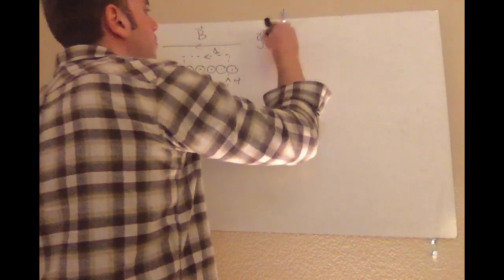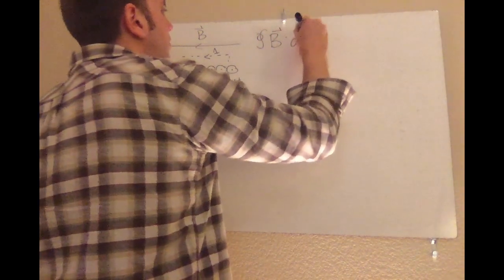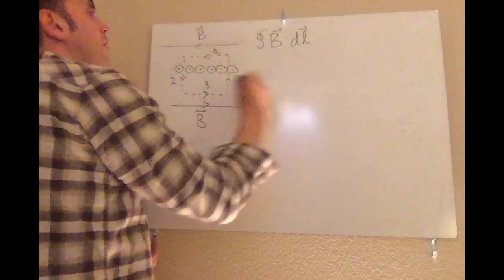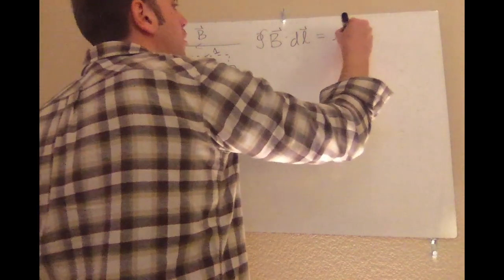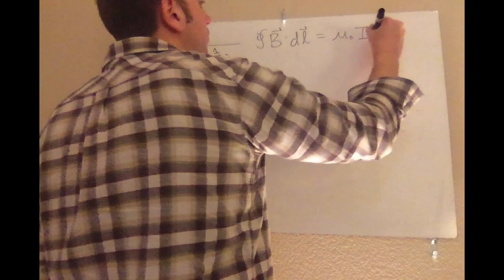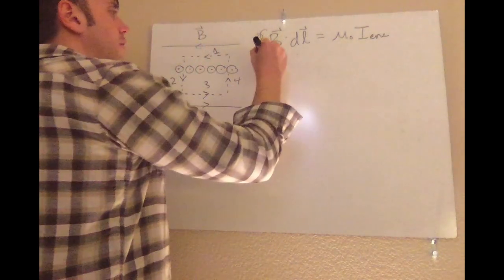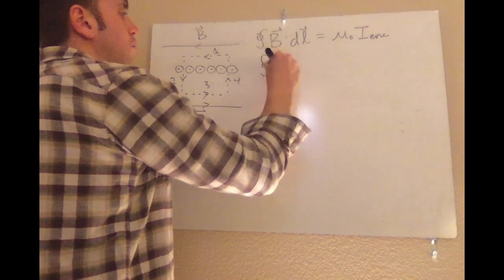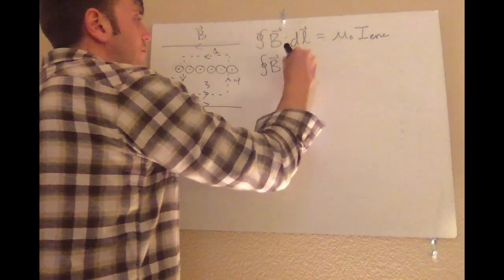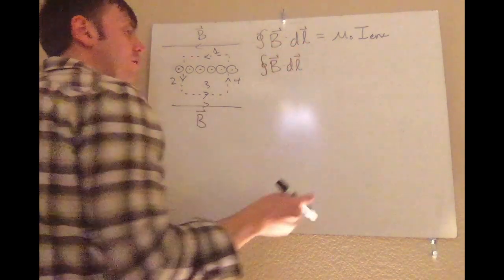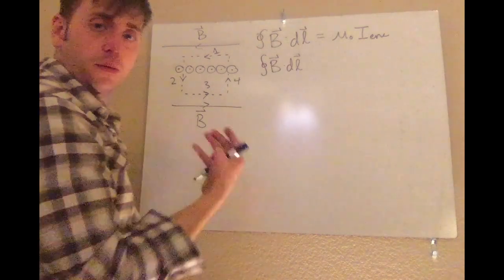Ampere's law: the integral of B dot dl over this loop is equal to mu naught times I enclosed. That's how it works. So let's first think about B dot dl for the loop that we've drawn. Kind of similar to what we saw with the solenoid, we have these 4 parts.